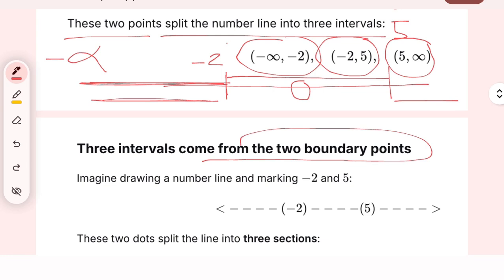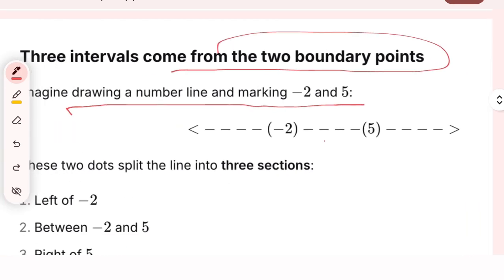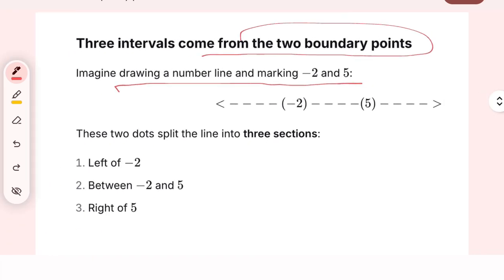Because we solved the boundary points, drew a number line and marked the points negative 2 and 5, we found the 3 intervals.